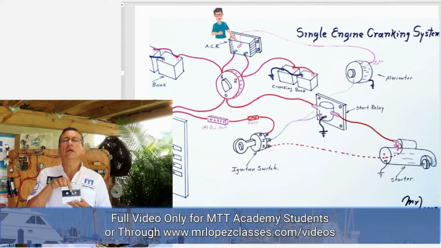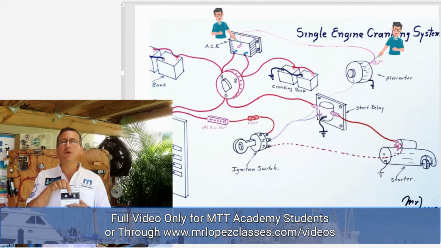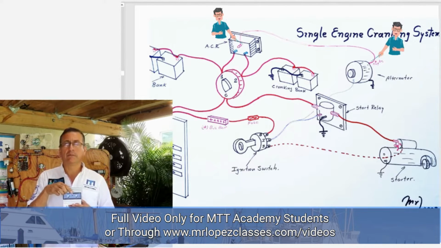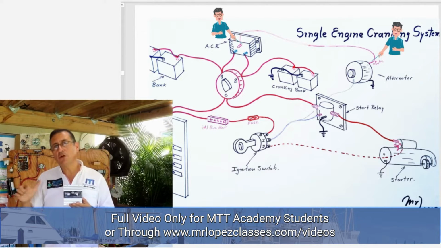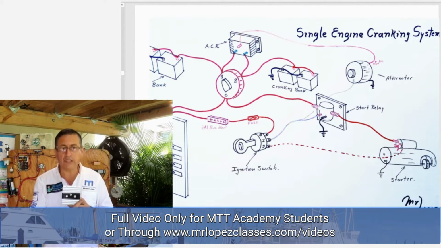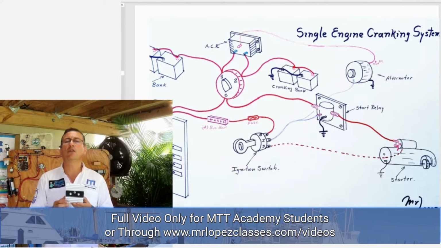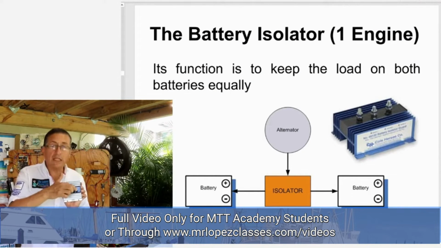The input is the power coming from the alternator, or the power coming from the battery charger, and this is the output connected to the positive of battery bank number 1, and this is the output connected to the positive of battery bank number 2. This is an ACR with one input and two outputs.